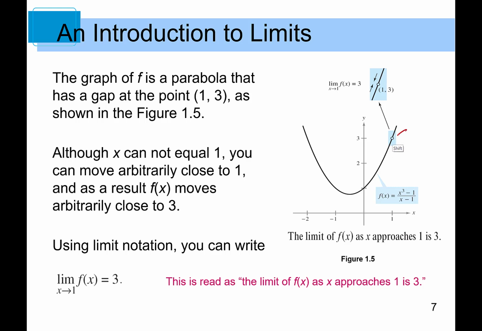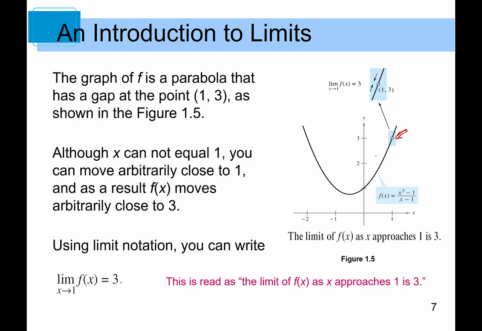At this point, it's an undefined point, so that's why we put a hole there to indicate that at that particular point the graph is discontinuous. So the graph of f is a parabola, but it has a gap at the point (1, 3), as shown in figure 1.5.